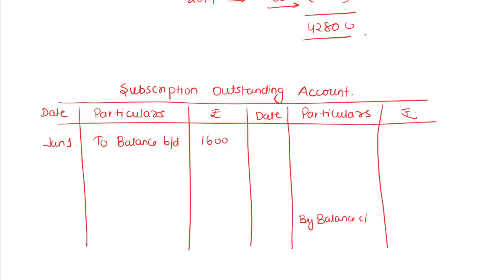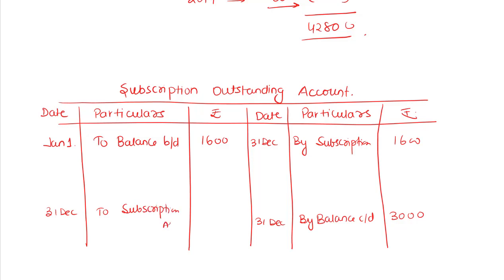By balance carried down 3000. 31st December, by subscription 1600, to subscription account 3000, totaled at 4600.